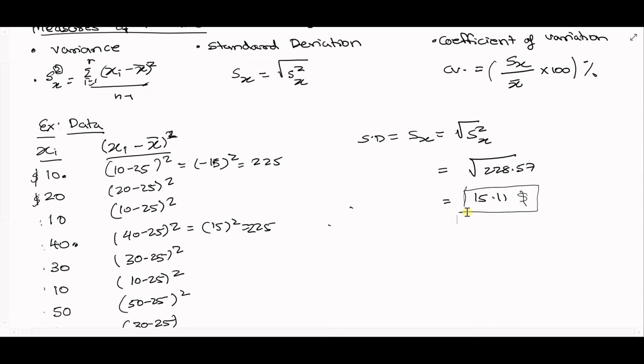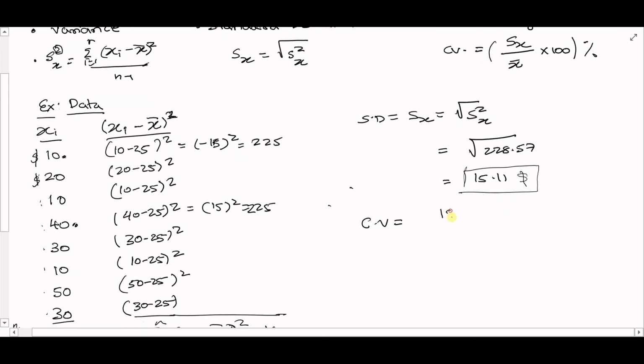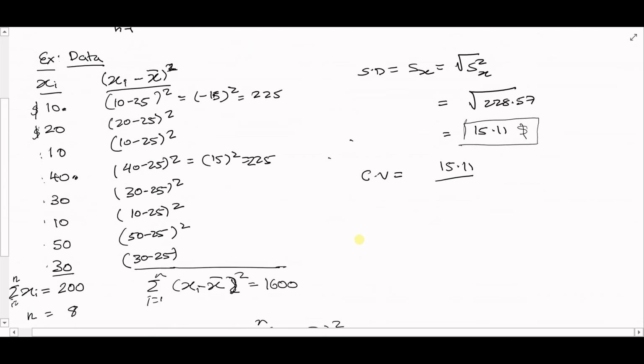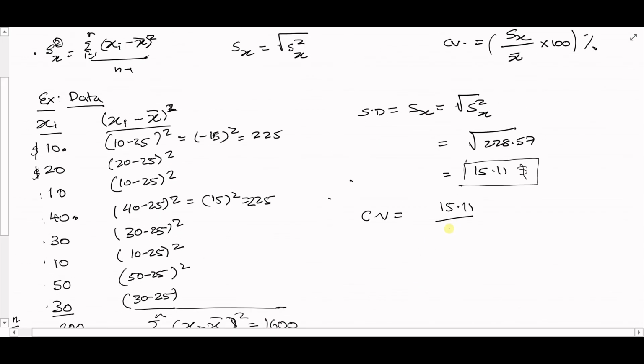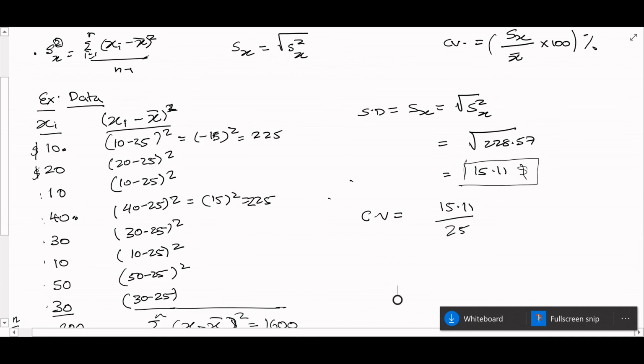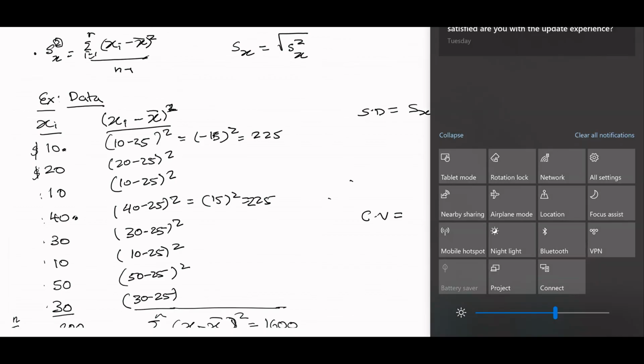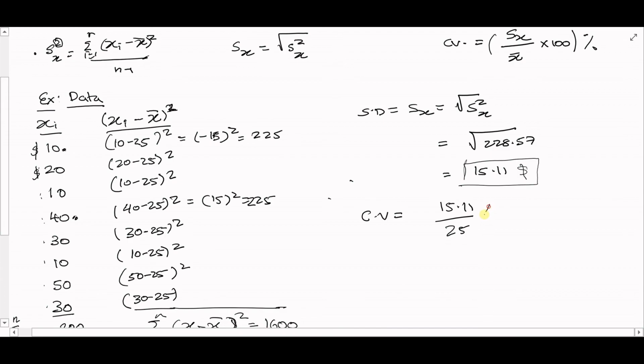Derived from standard deviation is also what we call the coefficient of variation. Coefficient of variation is the standard deviation, 15.11, divided by the mean, 25, multiplied by 100, which gives you 60.47%.